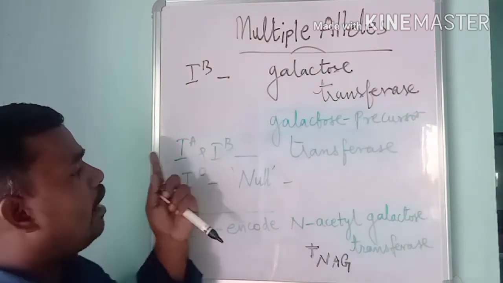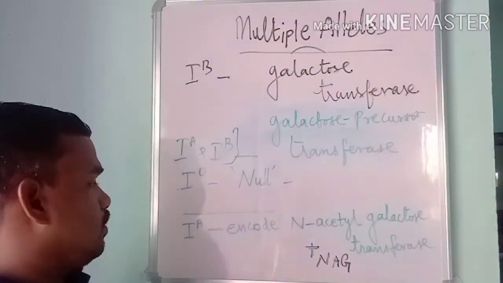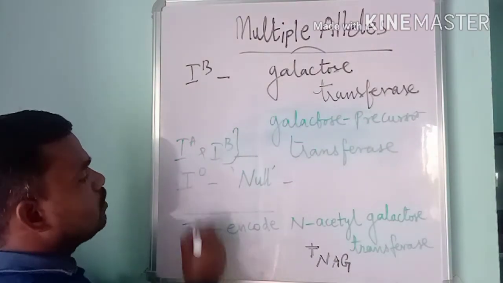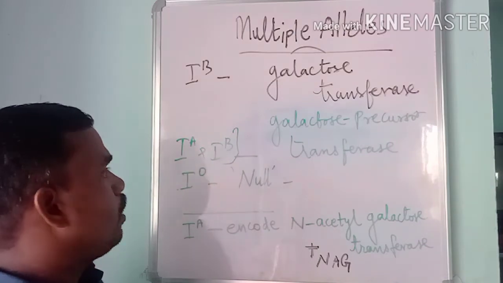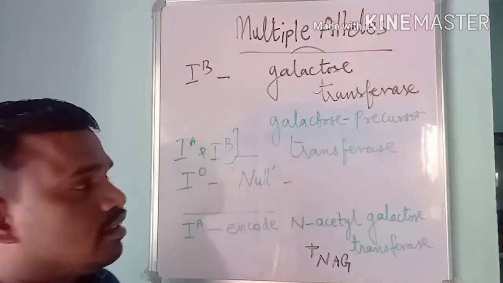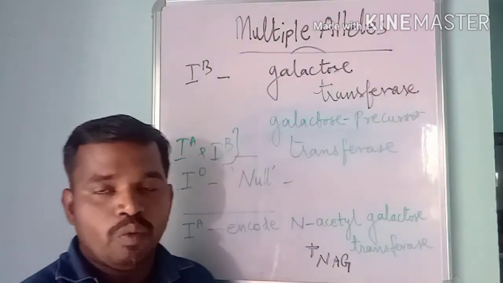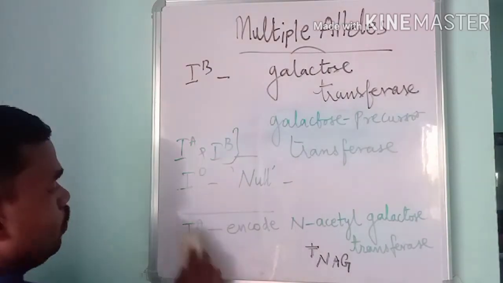IA and IB together do the function of transferase. The IO allele does not have any encoding process, so it is considered null. Nothing is produced by the IO allele. Got it? Okay, let's move on to the next level.